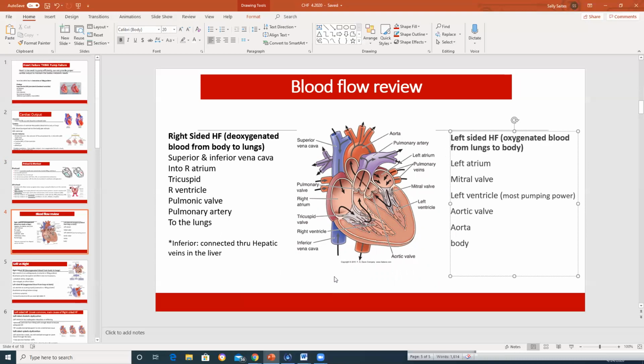Our venous blood comes from the inferior vena cava right here, and from the superior vena cava into the right atrium, goes through the tricuspid valve, and then down into the right ventricle. Once it is filled up, it reaches end diastole, then it contracts and the blood goes through the pulmonary valve, into the pulmonary artery to the lungs to become oxygenated. Okay.